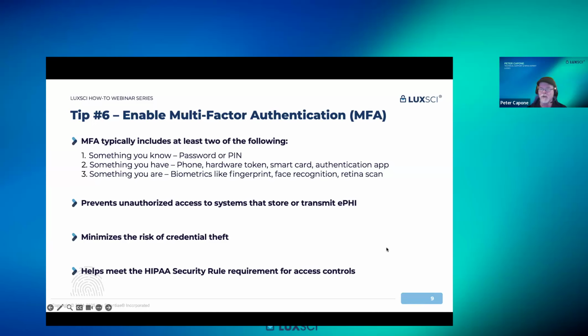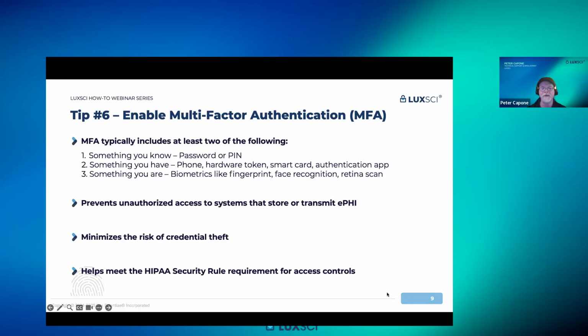Text messages are no longer considered secure per the government for multi-factor authentication because they can be intercepted too many different ways. You want to make sure that people are using the appropriate hardware and that it's always up to date so that they're not being taken advantage of by bugs in their system that allow people to gain access to their local devices.